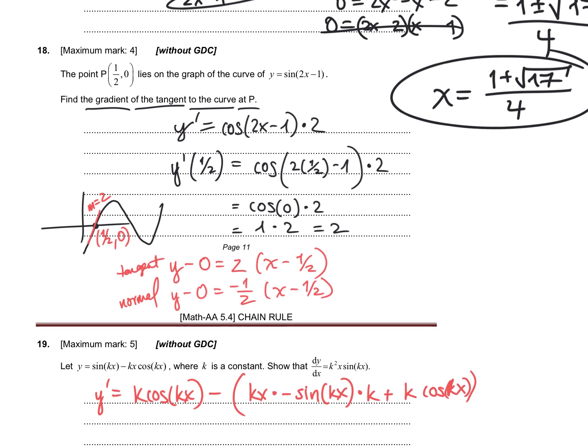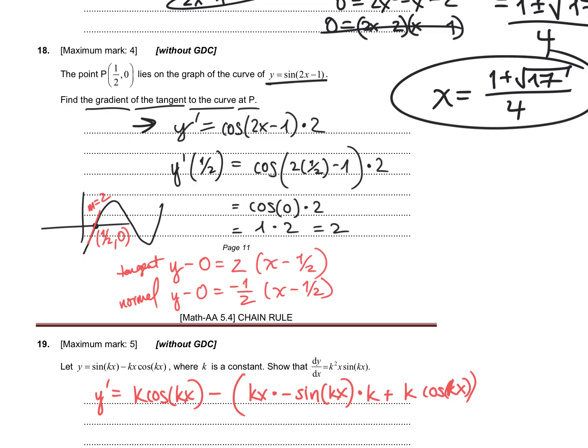Okay, so this one I've already gone through in class. We've got the point P, 1/2, 0 lies on the graph of the curve, y equals sine 2x minus 1. Find the gradient of the tangent to the curve at P. So the first thing we did was we found the derivative. So we've got cosine 2x minus 1. That's the derivative of the whole thing times the derivative of the inside, 2.